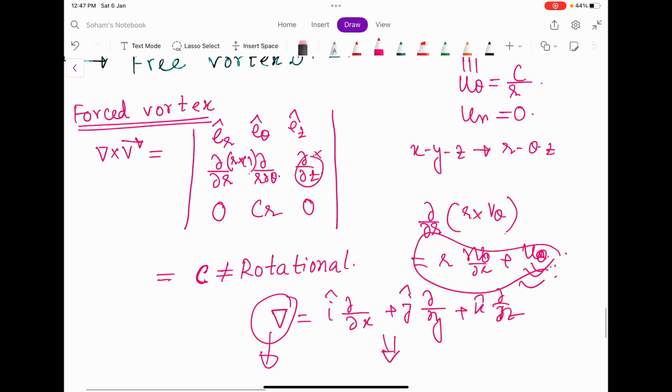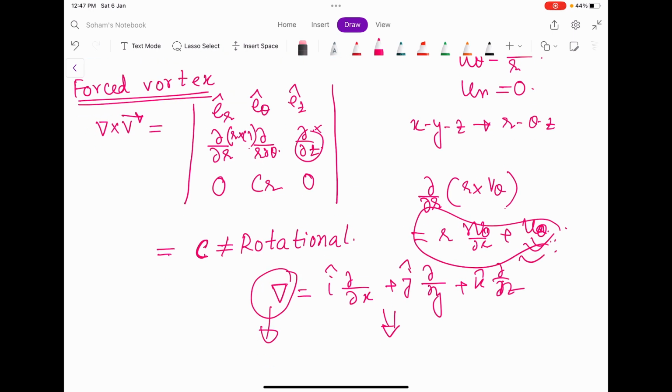But you should have the concept that the curl of v will govern whether the flow is rotational or irrotational. In any interview, they may first ask which vortex flow is rotational or irrotational. Then you will say that the free vortex is irrotational and the forced vortex is rotational. Then they will ask how you know that. You know that by calculating the curl.